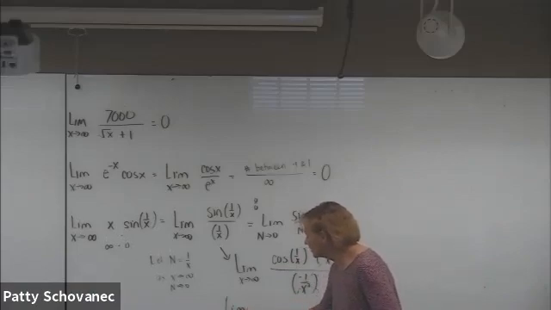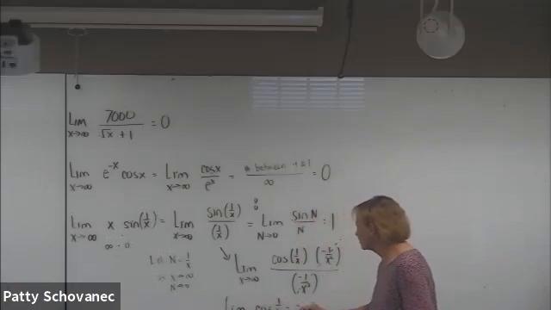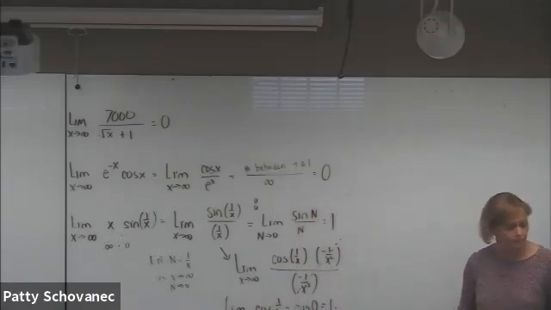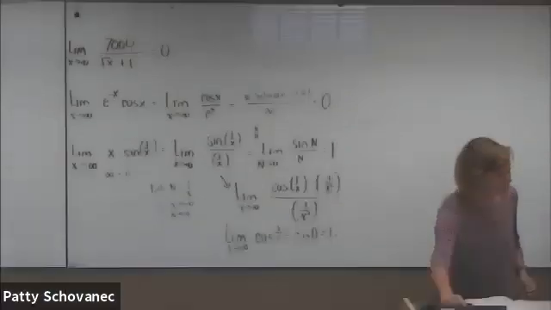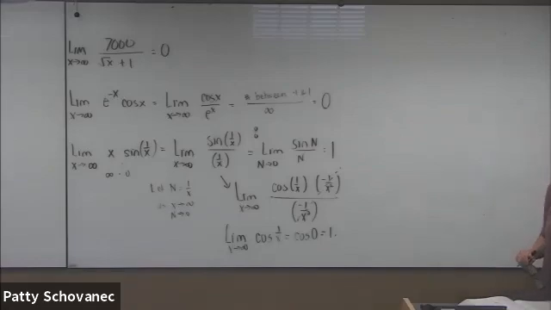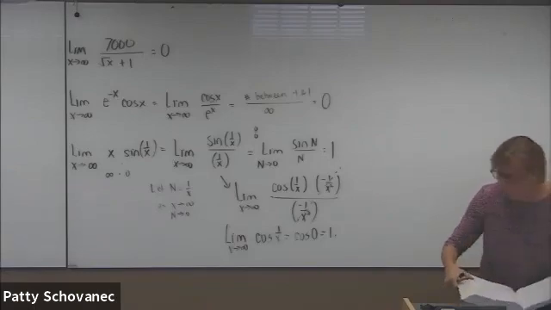You get the same thing. Cosine of 0 is 1. So we don't have to call it special limits anymore because we got a way of showing all the steps to get there. All right, let me write down a few more.